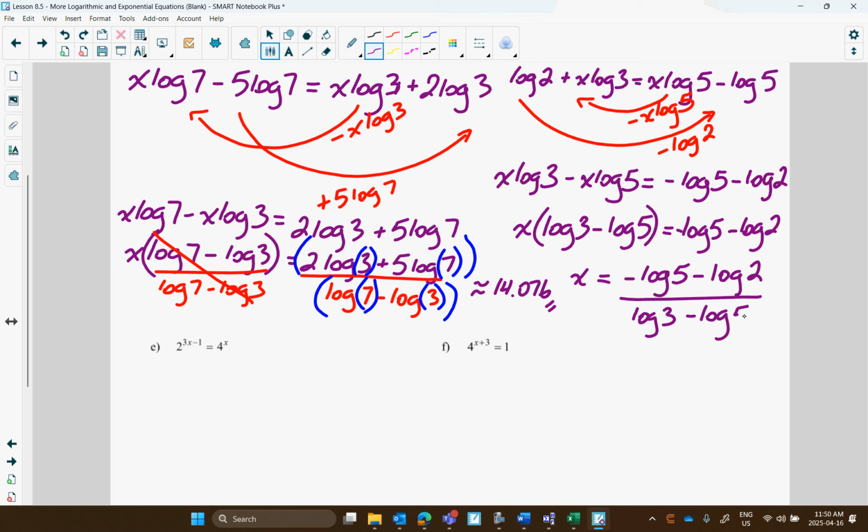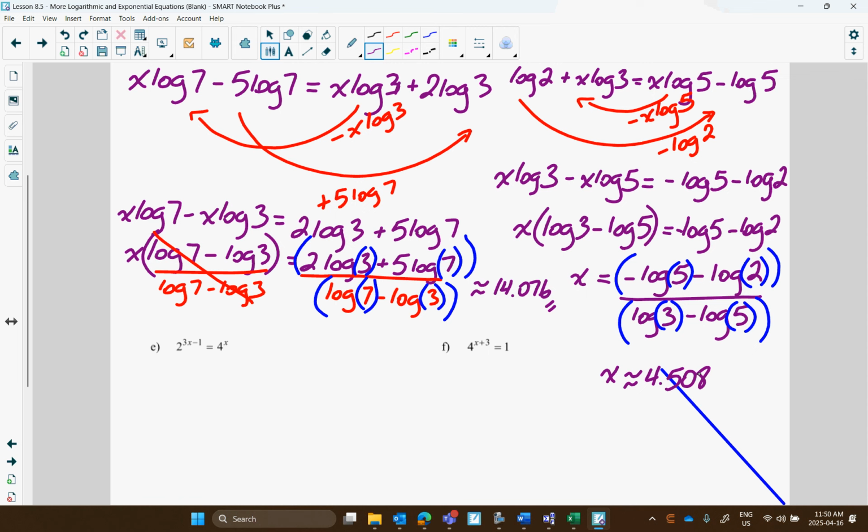Now remember your parentheses. Yes. It works out to 4.508.